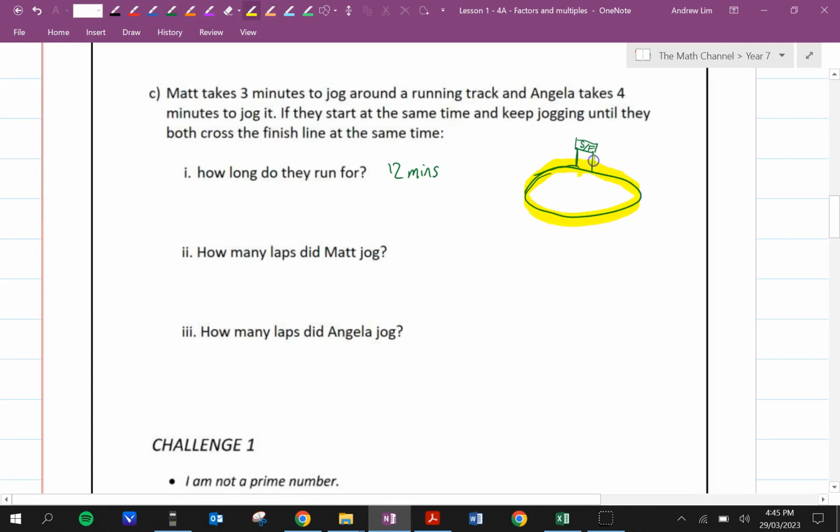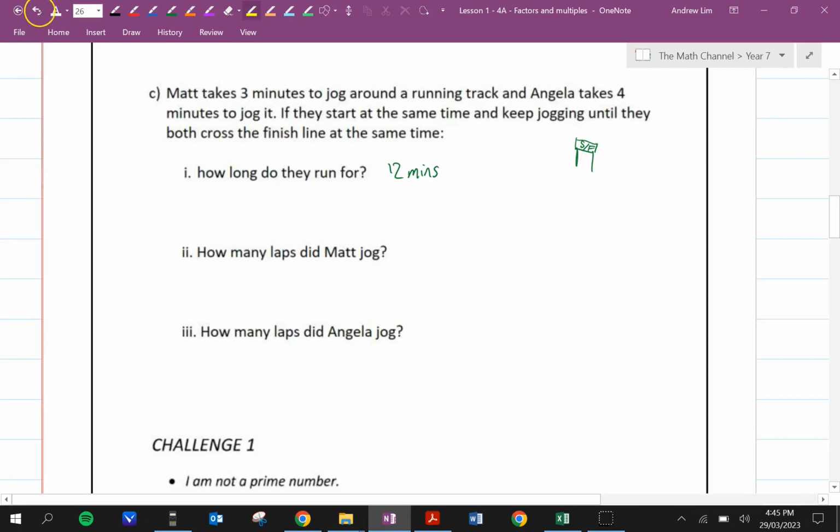It takes him 3 minutes to complete that, which means that when Angela finishes, because she takes 4 minutes to run it, in the 4th minute, Matt will be back somewhere around here. So they won't be at the start and finish line at the same time.